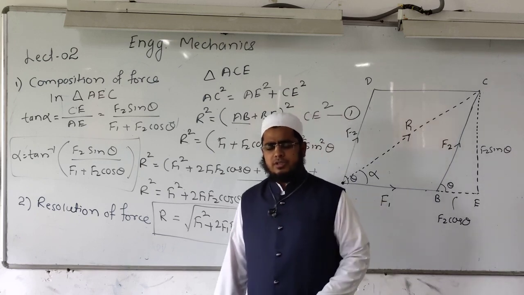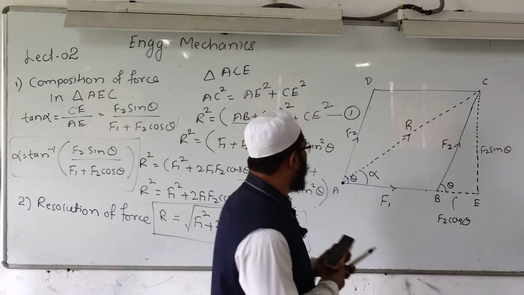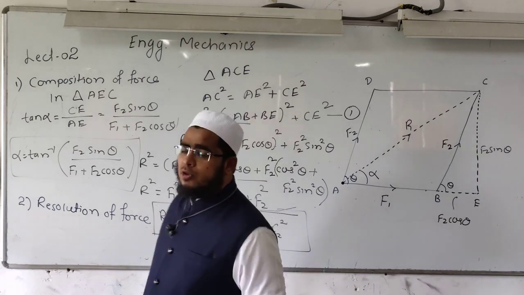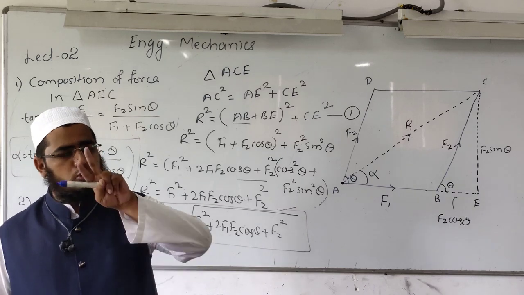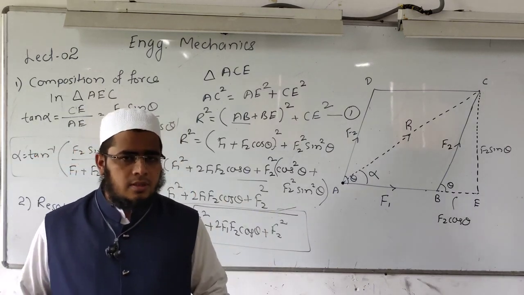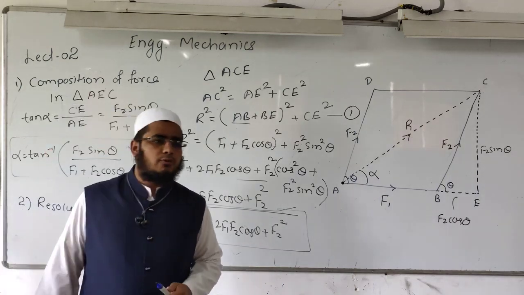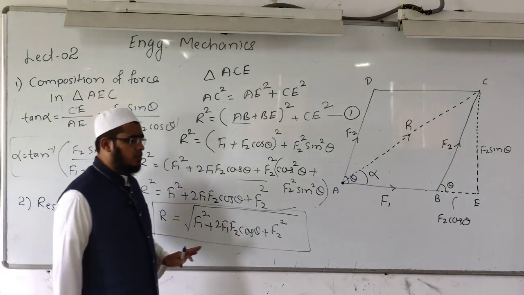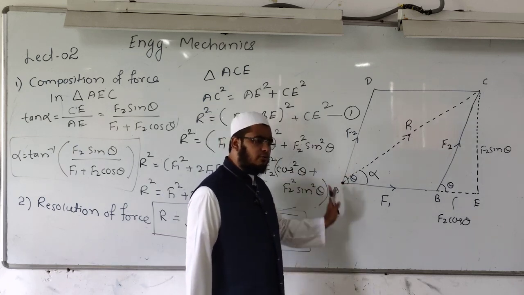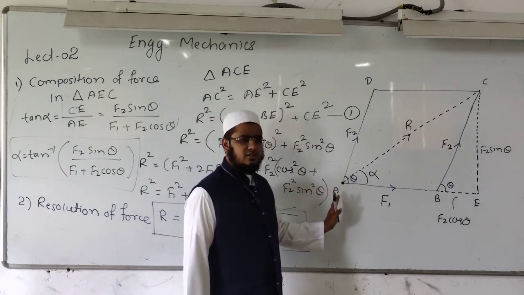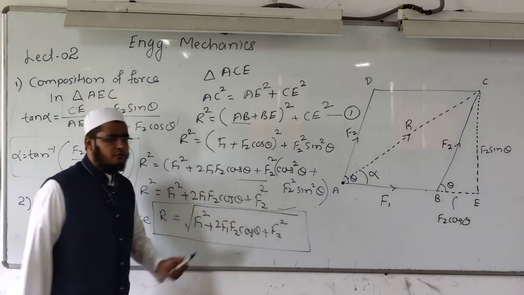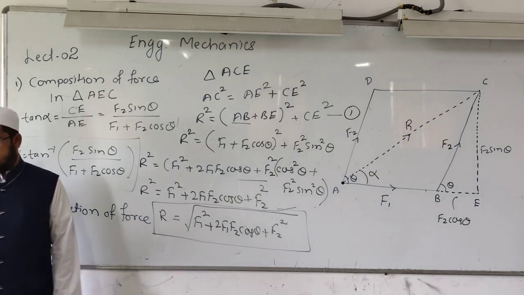But a very important point, the key point for using the law of parallelogram of forces, is that this law is useful only when two forces are acting concurrently. Concurrently means the point of application of the forces is the same. Whenever two forces are concurrent, only then can we use the law of parallelogram of forces.